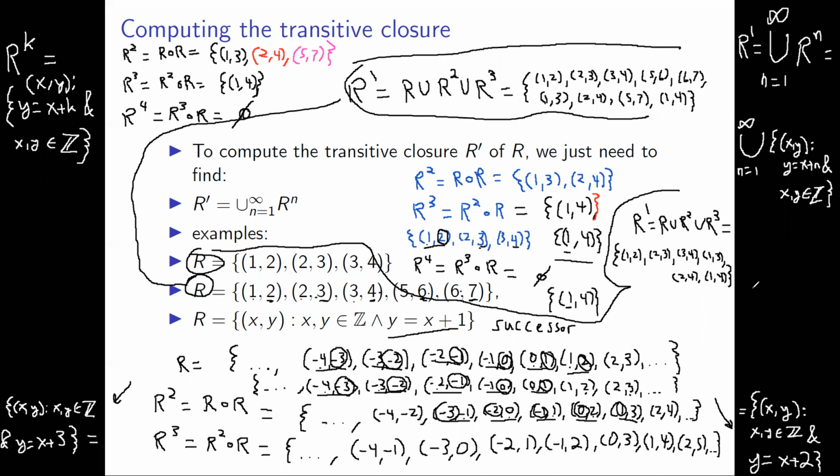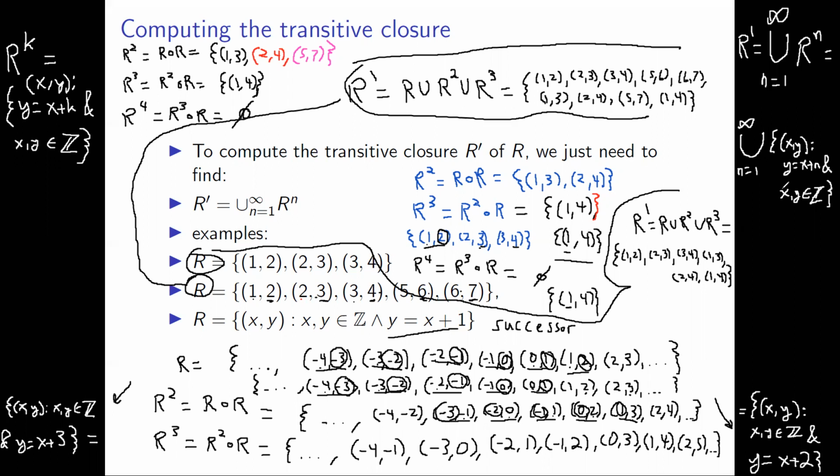And there's a slightly simpler way we can write that, because we can see these ordered pairs here. What ordered pairs do we get? So both x and y have to be integers, and y can equal x plus 1, or y can equal x plus 2, or y can equal x plus 3, or y can equal x plus 4, and so on. So y can be equal to x plus any positive integer.